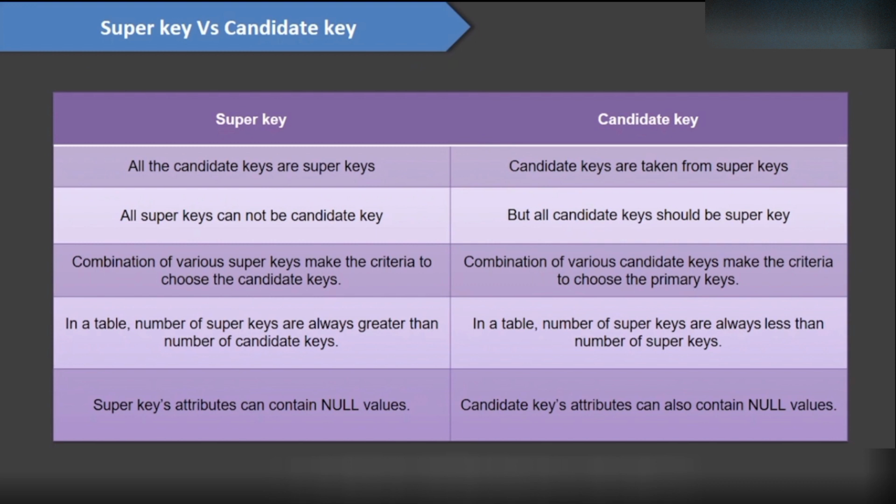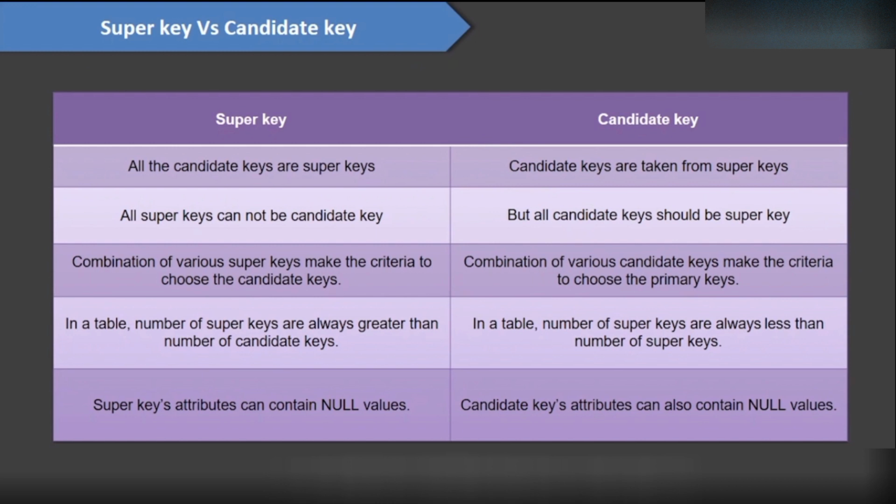You need to understand that not all super keys are candidate keys, but any candidate key is a super key. A combination of various super keys makes the criteria to choose the candidate keys, whereas a combination of various candidate keys makes the criteria to choose the primary keys. So these are the differences between super key and candidate key.